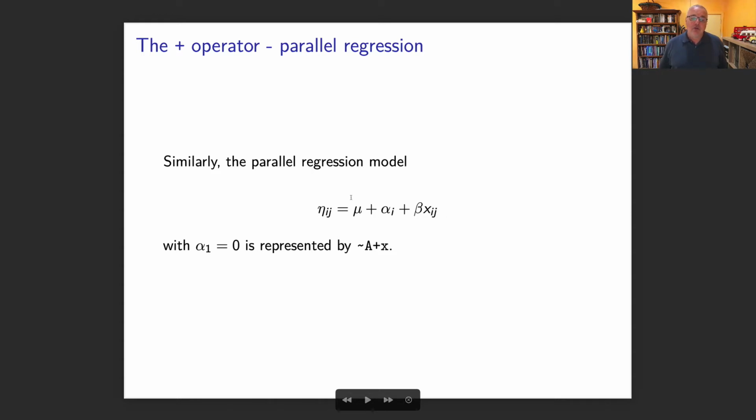We've got an overall intercept, and then we have extra bits for each different group. Because we set alpha 1 equals 0, this will be the intercept for the group where our categorical is level 1, and then the other ones will be above and below, but all of them will be represented by parallel slopes, parallel regressions.